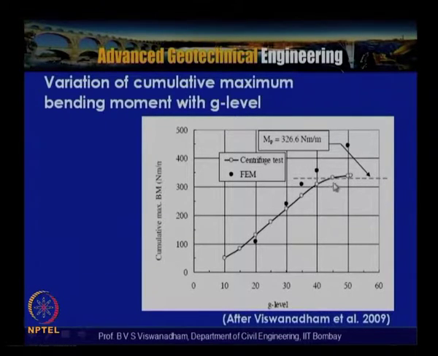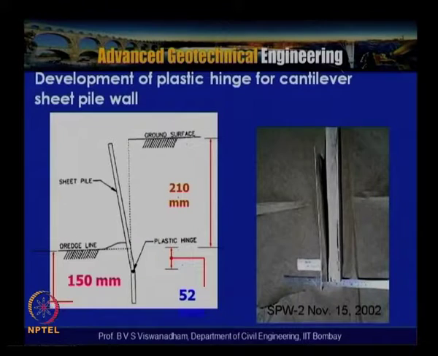So you can definitely say that somewhere between 35 to 40, 40 to 45, the wall attained the plastic moment capacity, and plastic hinge formation took place, began, and developed further. This is what we have proved by using this.